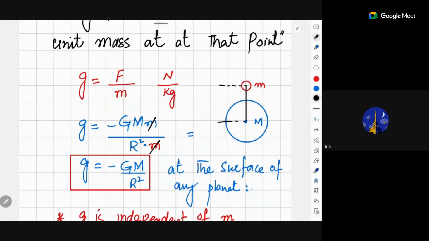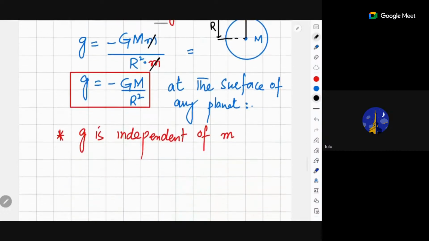Okay, yes, this body is at the surface. So this separation is basically equal to capital R, the radius of this planet.